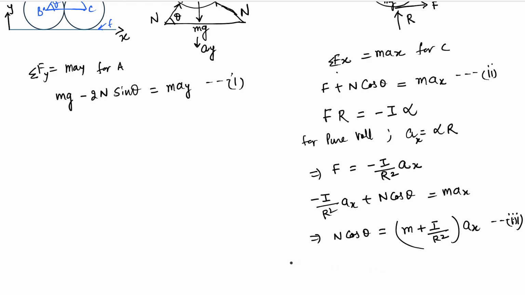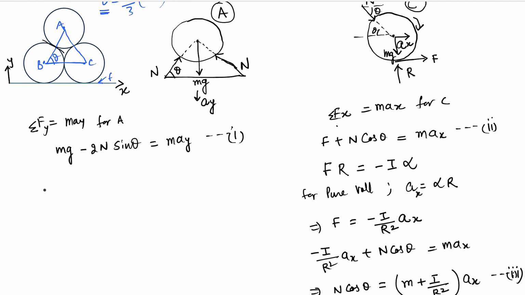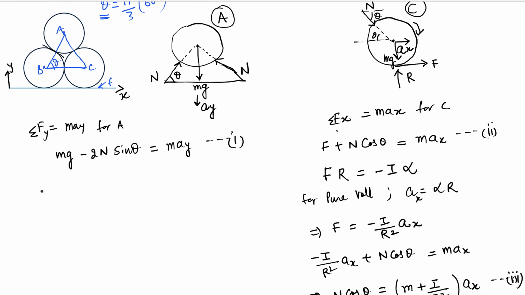Okay, so far so good. Now what is the relation between ax and ay? In such questions, you should see how the contact plane is moving when the cylinders are moving. So when this cylinder is coming down, this cylinder is going this side, and this cylinder will go in this side.